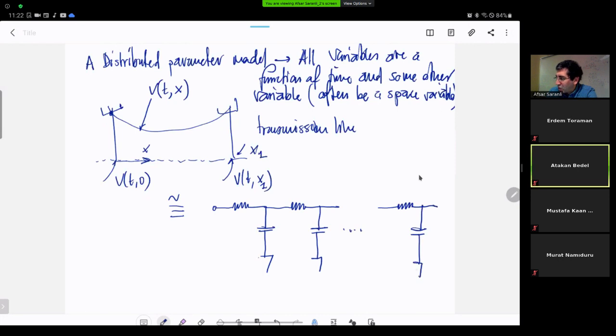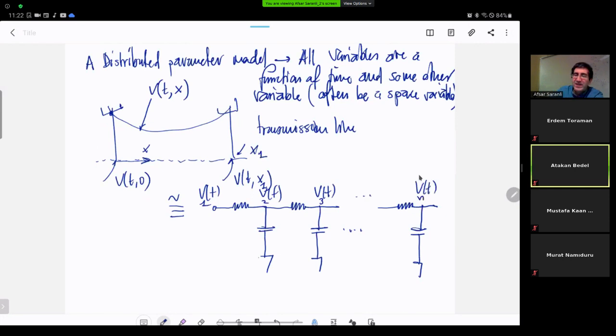So instead of having a voltage that is a function of time and a function of space, you start having V1(t) and V2(t) and V3(t) and up to VN(t).